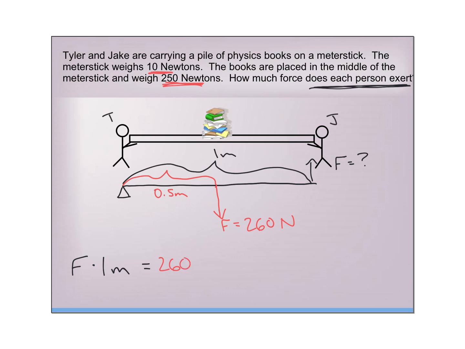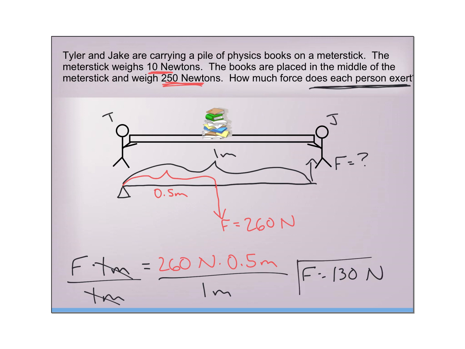So I'm going to put that in down here. Once again, divide by the 1 meter. My force is going to end up being 260 times 0.5, or 130 newtons.